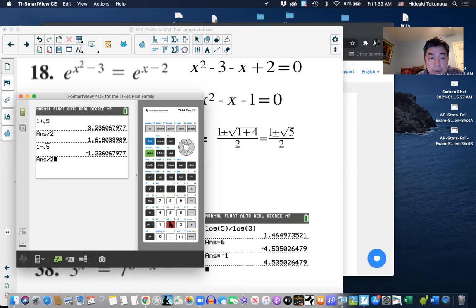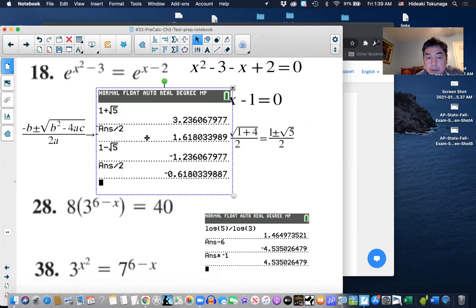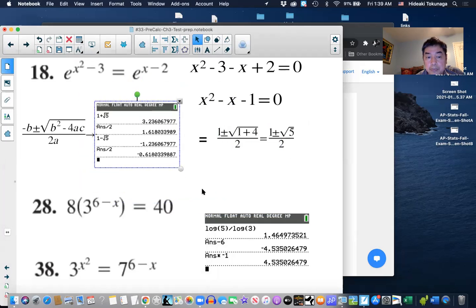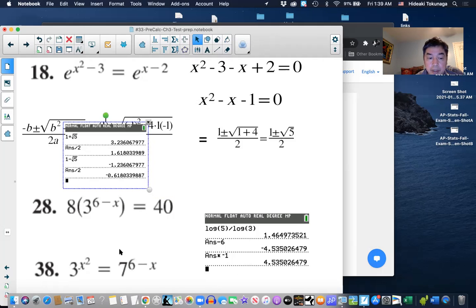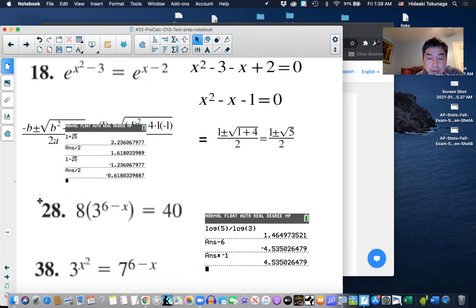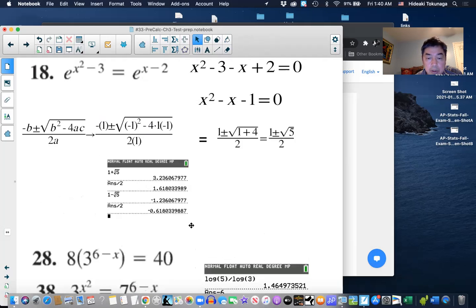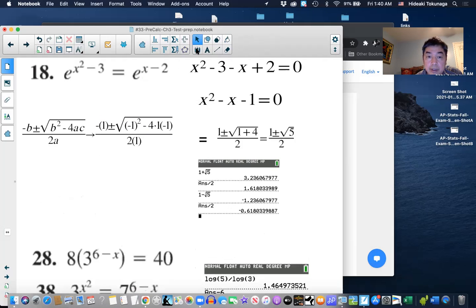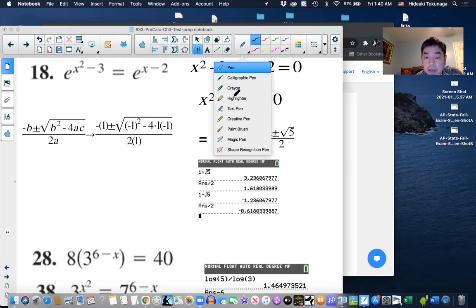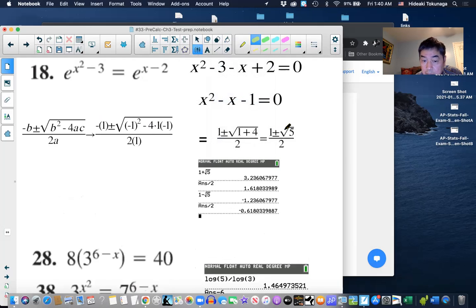Can't see, can you? Let me move this one around. Those are the two answers. Let me highlight the answer. One answer is 1 plus square root 5 divided by 2. The other answer is 1 minus square root 5 divided by 2.